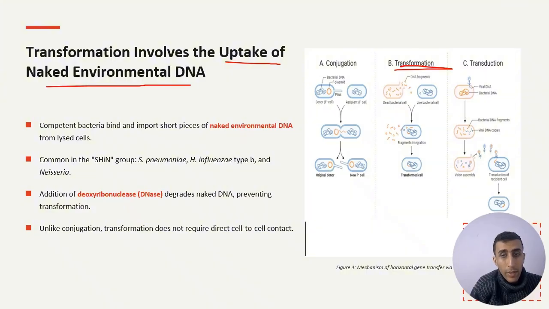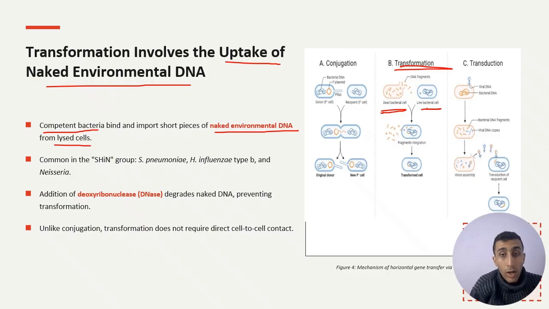So we've got a bacterium here in this figure, and we've got another bacterium that is dead, and its genetic material is fragmented and is there in the environment. The live bacterial cell takes these fragments of the dead bacterium and incorporates them. So the competent, live bacterium binds and imports these short pieces of naked environmental DNA from lysed cells.